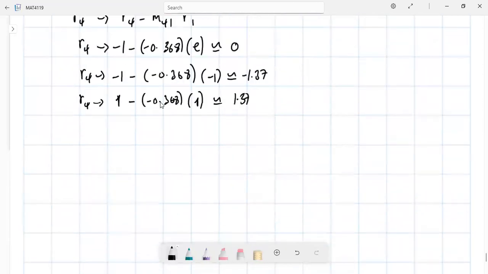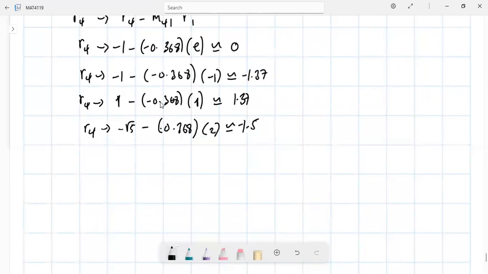And then the last element we're trying to reduce from row 4, actually not the last one, we still have one more: negative 5 minus negative 0.368 times the element in row 1, which is 2. This approximately becomes about negative 1.5.